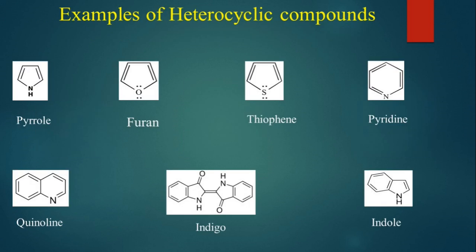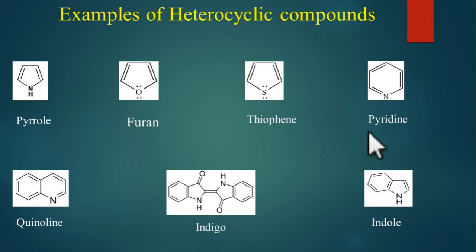Let us see examples of heterocyclic compounds and discuss classification also. Generally, heterocyclic compounds are classified into 3 types: 5-member ring systems, 6-member ring systems and fused ring systems. In these examples, compounds 1 to 3 are said to be 5-member heterocyclic compounds, since the total number of ring atoms in each case is 5.